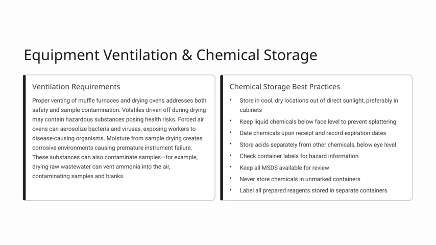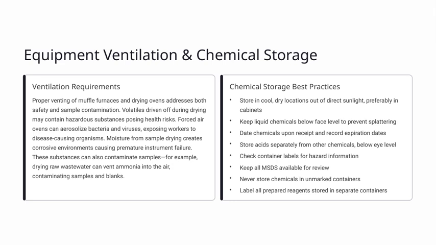Let's talk about equipment ventilation and chemical storage, which are crucial for safety and sample integrity. First, proper venting of muffle furnaces and drying ovens is essential. This helps prevent safety hazards and avoids contaminating samples. When you dry samples, volatile substances can be released that might be hazardous to health.